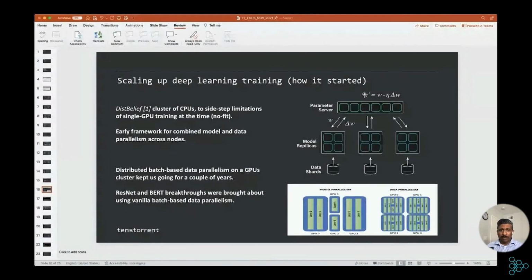If you go back to how it started, in the initial days, there was the concept of model parallelism and data parallelism. Data parallelism was the first one which evolved, where it was done using CPUs and GPUs. It could really help us up to ResNet and BERT, but it really didn't scale as the models kept growing, particularly for NLP type of workloads.